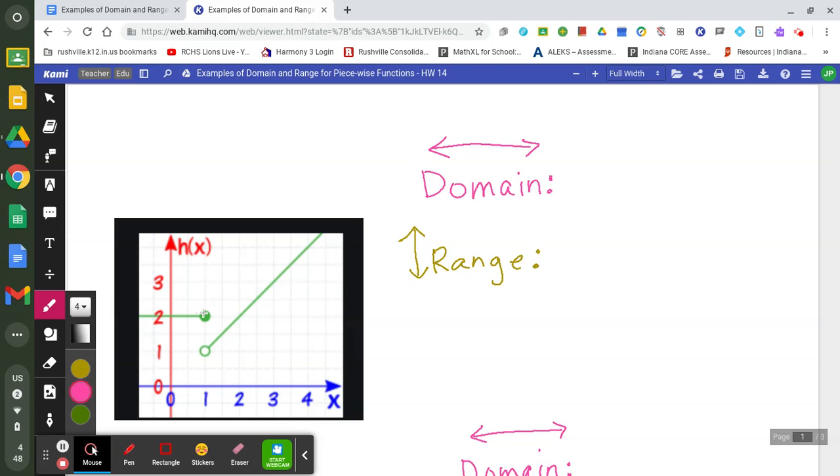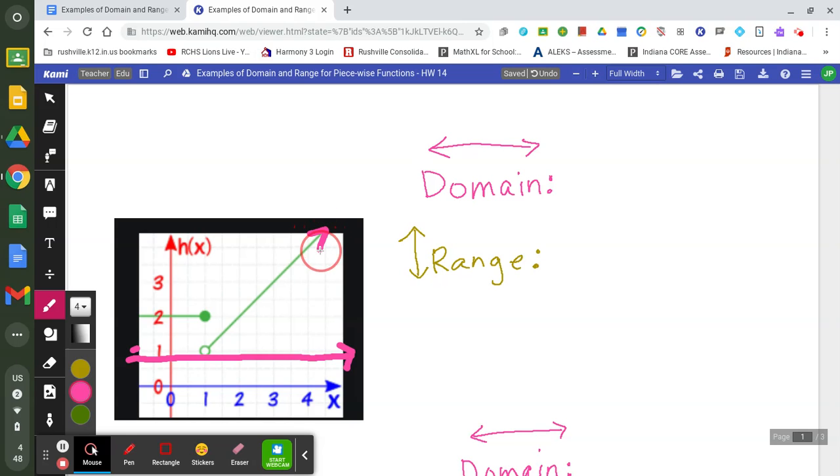So if I go from left to right, all of these numbers are covered up to this point, but that's still covered because that's closed. And then this graph goes up forever and ever.